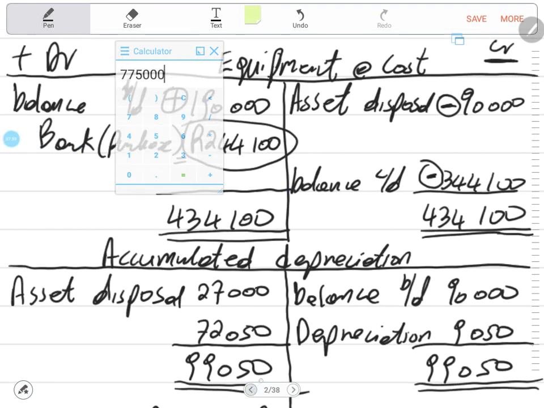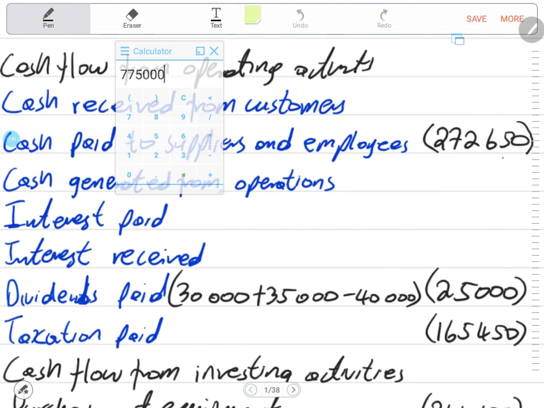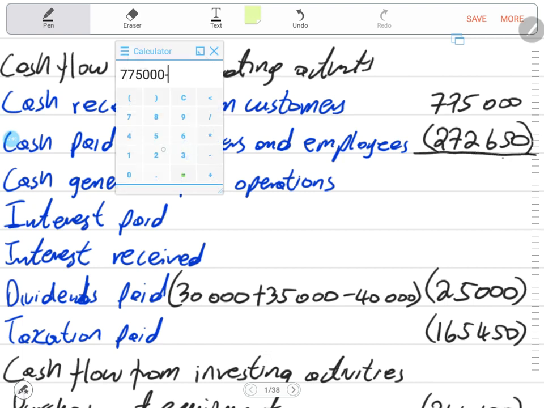So the 775,000 rands goes to our cash received from customers. Cash received from customers minus cash paid to suppliers and employees gives us cash generated from operation.